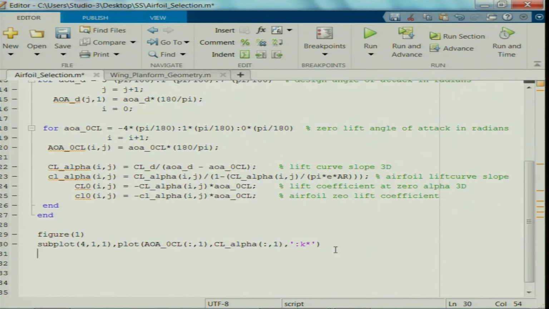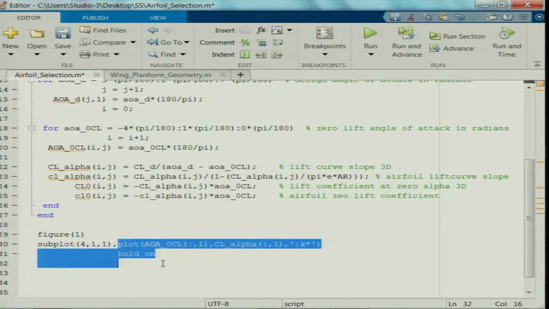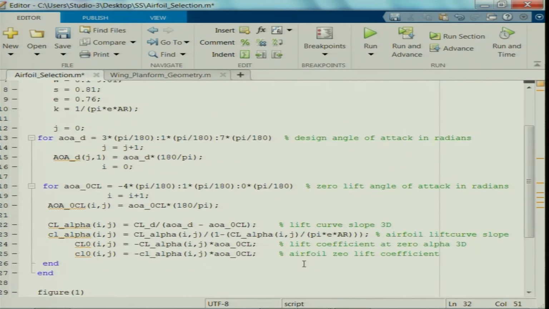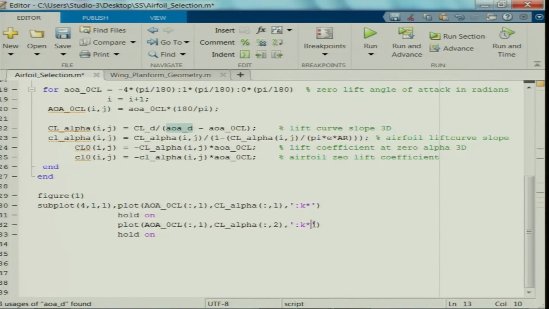And then I have to hold it on because this varies for various design angle of attacks that we have considered. So, this can be B, black.